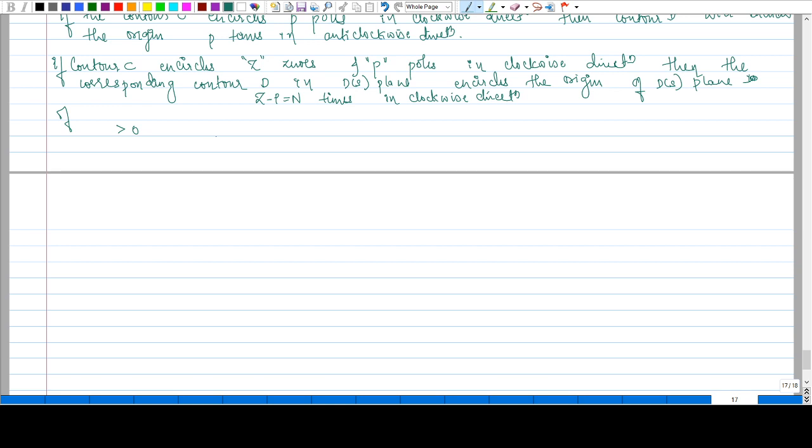So now N is greater than 0, first case, if N is greater than 0, which means that the number of zeros are more than number of poles. So N is a positive number, so the encirclement will be in the clockwise direction.